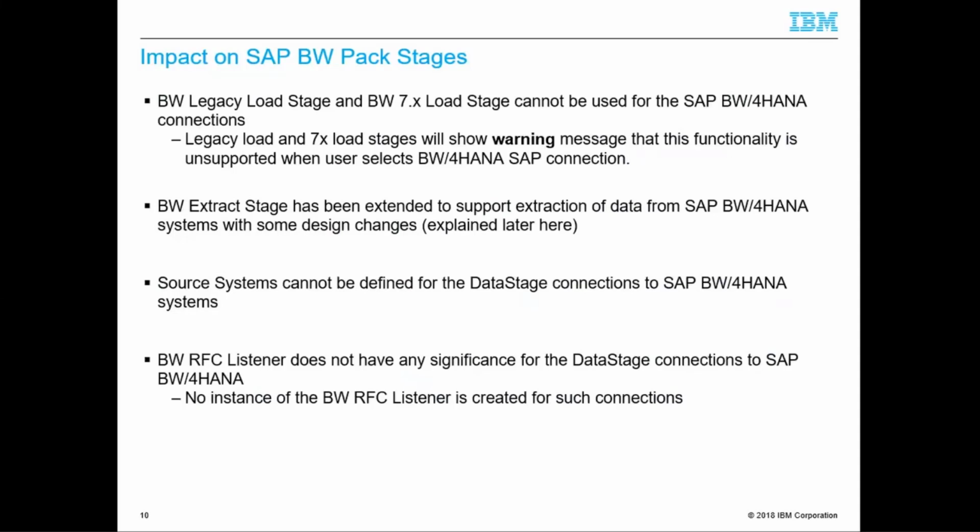We are glad that we have been able to support extraction with BW for HANA in our existing extract stage itself, with some changes, which we will explain later. There is no concept of a source system now, since, as I said, BAPI or external source systems are removed from SAP BW for HANA.